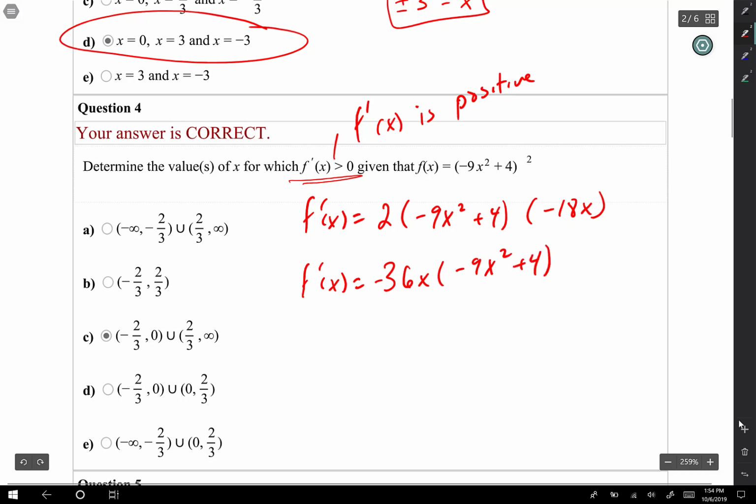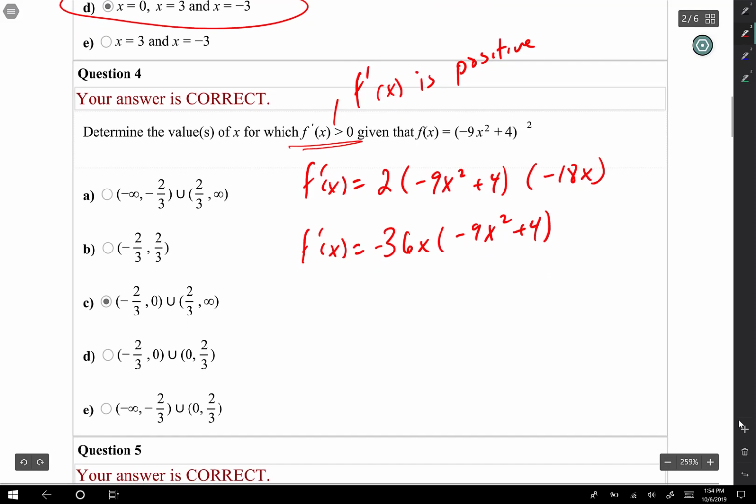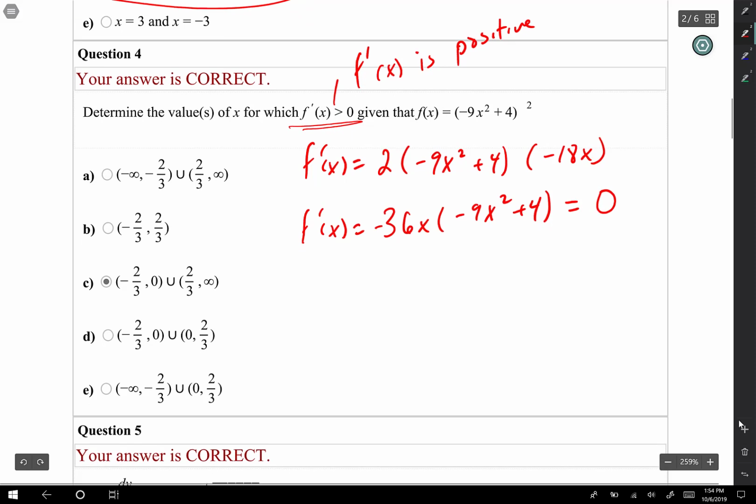So what I'm going to do is something called the railroad tracks, guys, or finding my critical numbers. So I'm going to set that equal to 0. Immediately if I set that equal to 0, I get 0, because 36 times 0 is 0. And then if I solve for the inside, again, just like last time, negative 9x squared plus 4 equals 0. Move the negative 9x squared to the other side. 4 equals 9x squared.